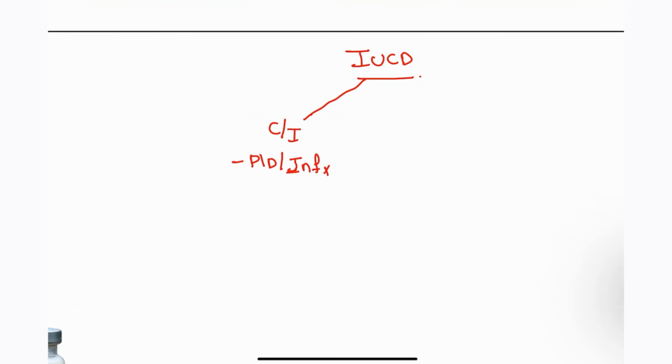Next, coming to the contraindications, a question that was asked in the examination last year also. For the IUCD, guys, the intrauterine devices, the absolute contraindications are PID or patients suffering from active infections.